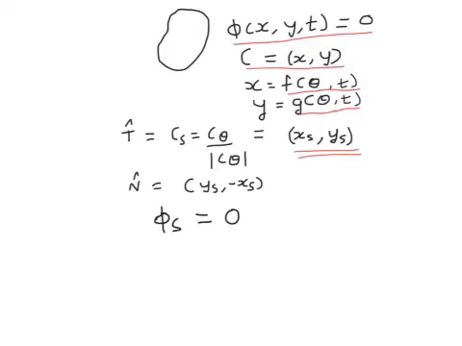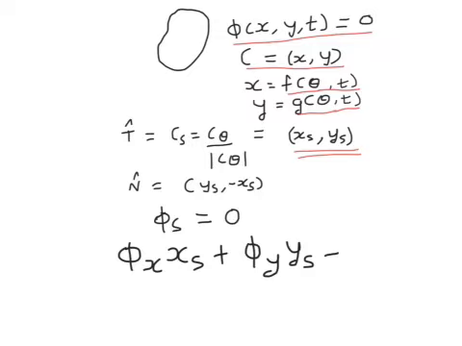Let's see. When we differentiate along the arc length, we will have phi of x times x of s, and then phi of y times y of s. The t here is a constant, so we don't have to consider it.